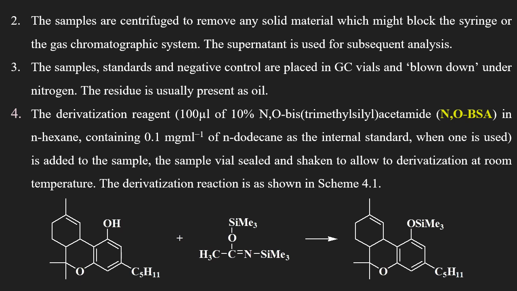The derivatizing agent is added to the sample and the sample vial sealed, and it is shaken to allow the derivatization at room temperature. The derivatization takes place as per the reaction shown.